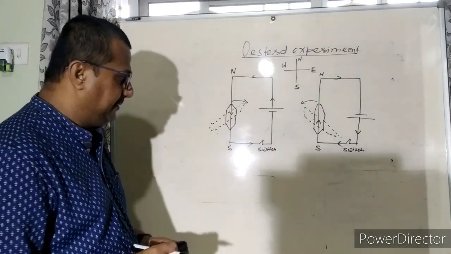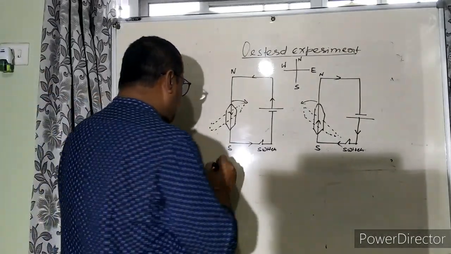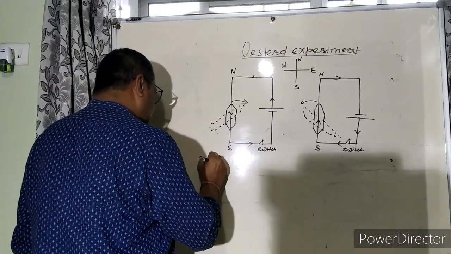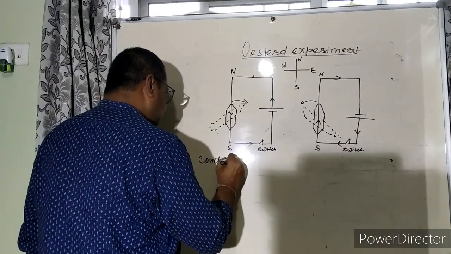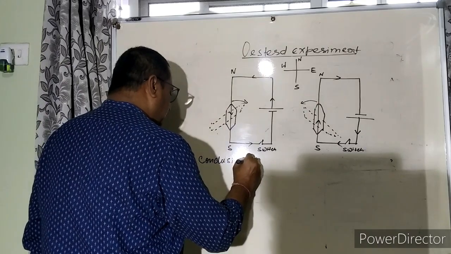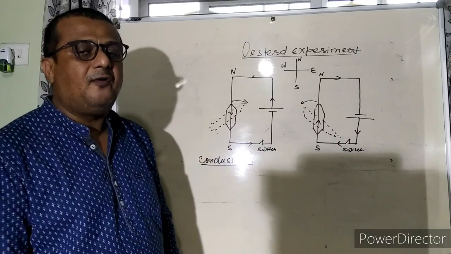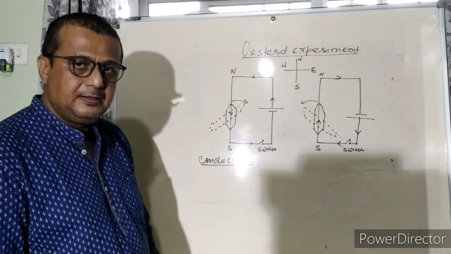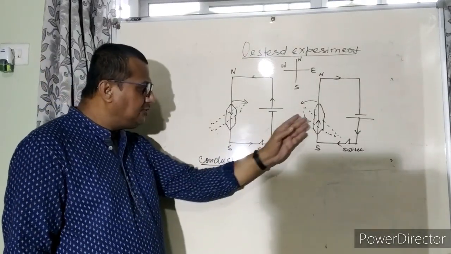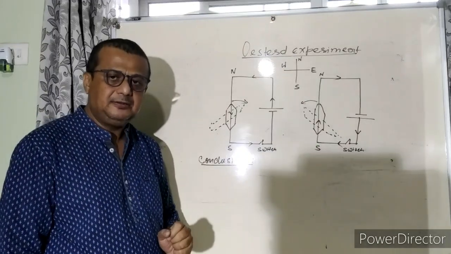It concludes that, first conclusion: initially when switch was off, there is no deflection in compass needle.